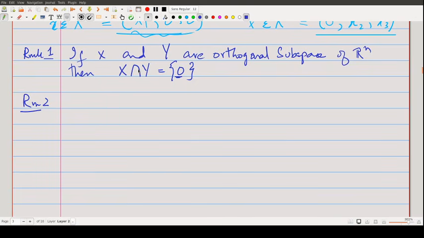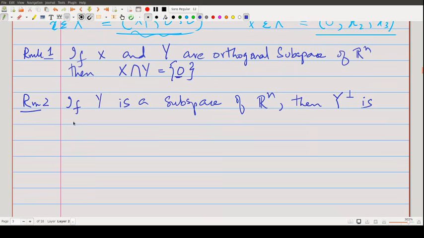And the second remark is that if Y is a subspace of Rn, then Y complement, the orthogonal complement of Y, is also a subspace of Rn.